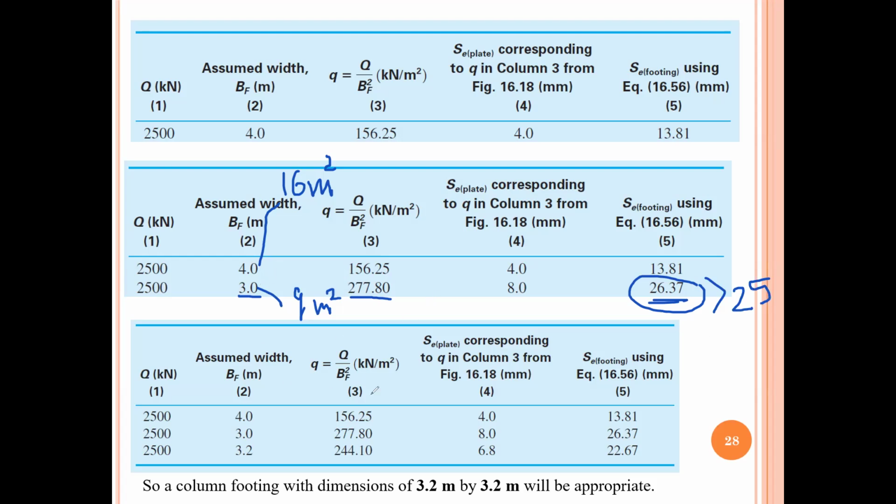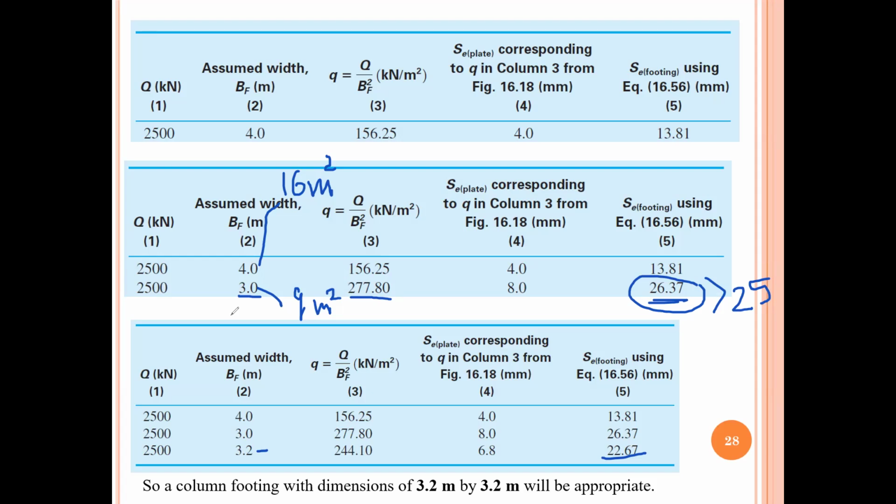So you can see the answer: if we take something like 3.2, the settlement comes around 22. So we accept it. So we can say we can have a column footing with 3.2 by 3.2 meters. This sort of method we call the trial and error method.